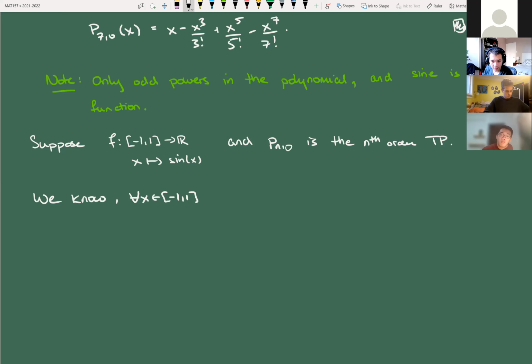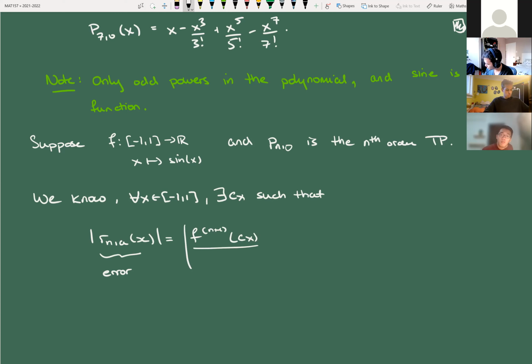So we know that for every x in [-1, 1], there is some c_x such that the Taylor remainder, right? So this is the error term. This is the important thing to remember. This is the error term, is equal to f^(n+1)(c_x) over (n+1) factorial times x^(n+1). Here, let's actually put that in absolute values, it's the error when you put it in absolute values.